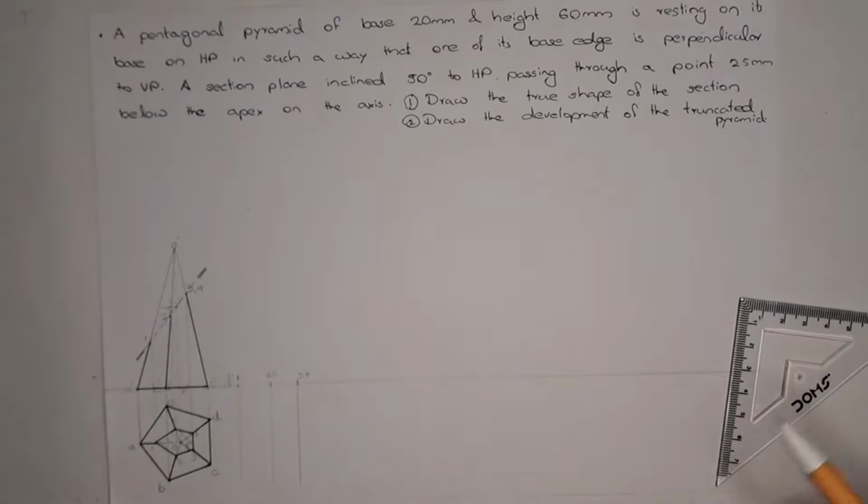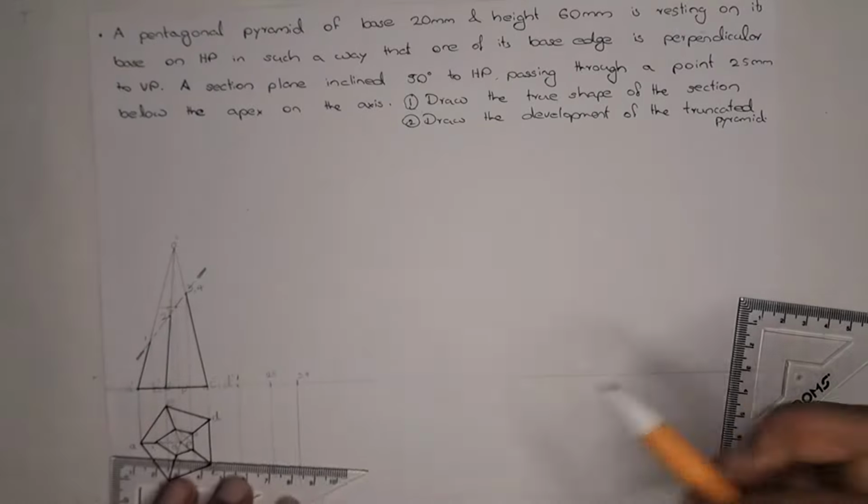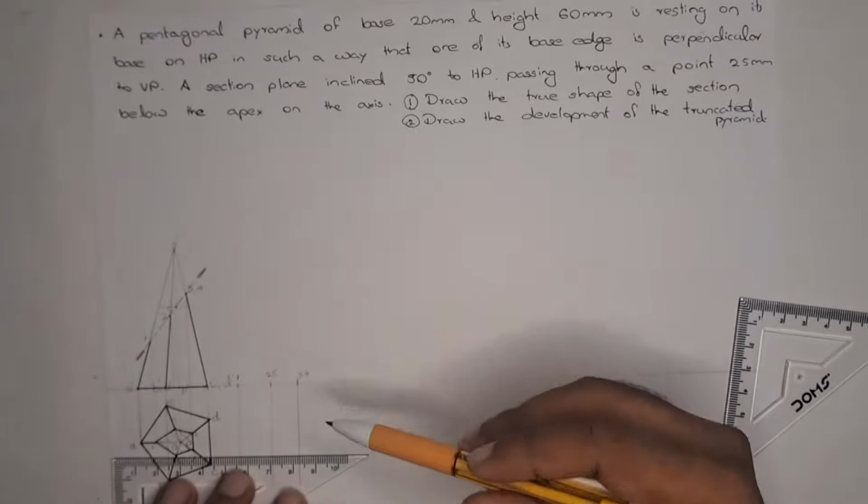So the perpendicular lines are drawn. Now we have to draw the horizontal lines which are parallel to the XY line.